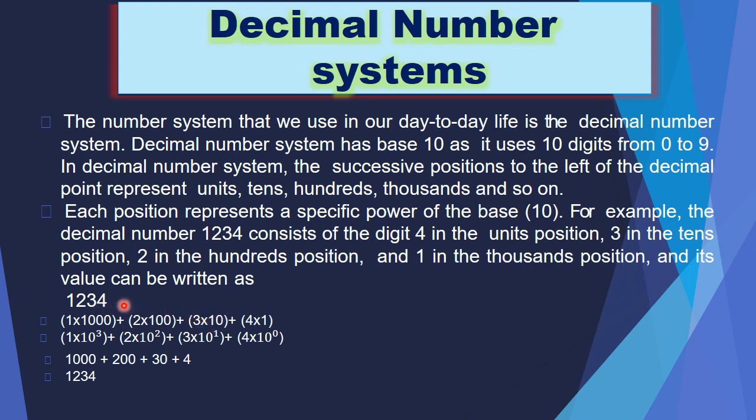And then 4 is in the ones position, that's why we write 4 into 1. So now this 1000 we can write as 10 to the power of 3, since there are 3 zeros, and then 1 into 10 to the power of 3 plus 2 into, similarly 100 we can write as 10 to the power of 2, because 10 times 10 is how much?